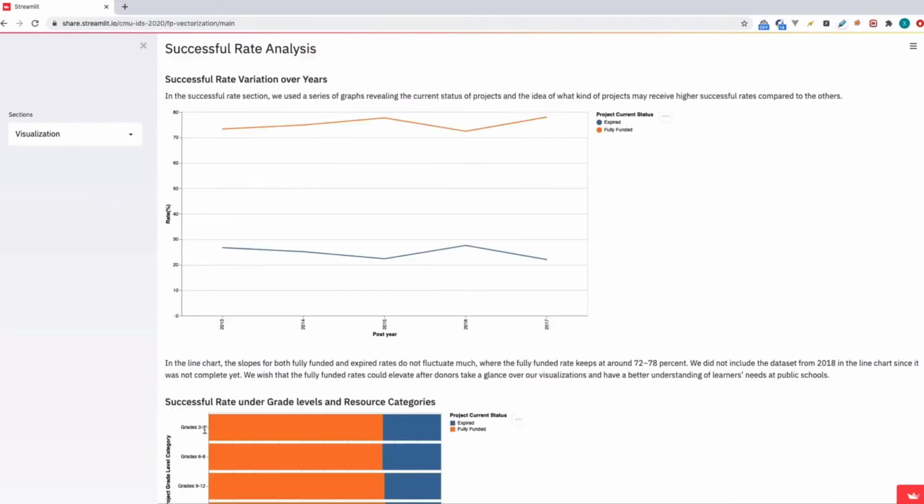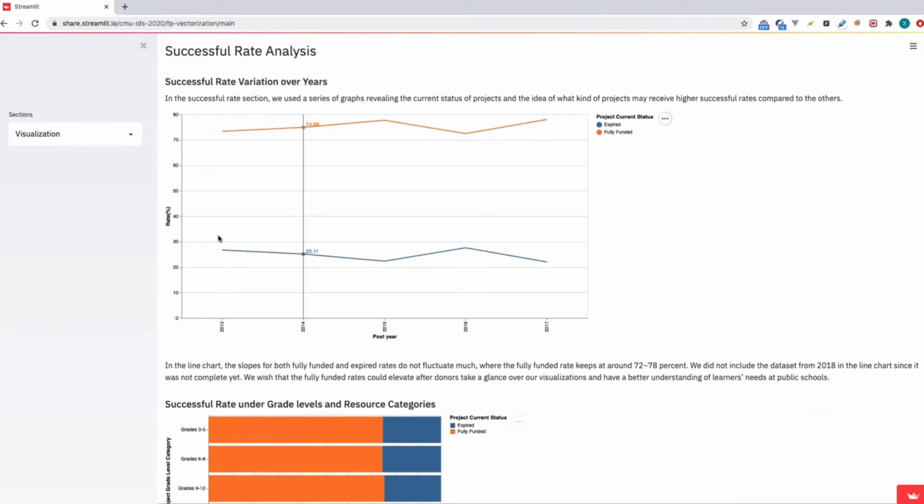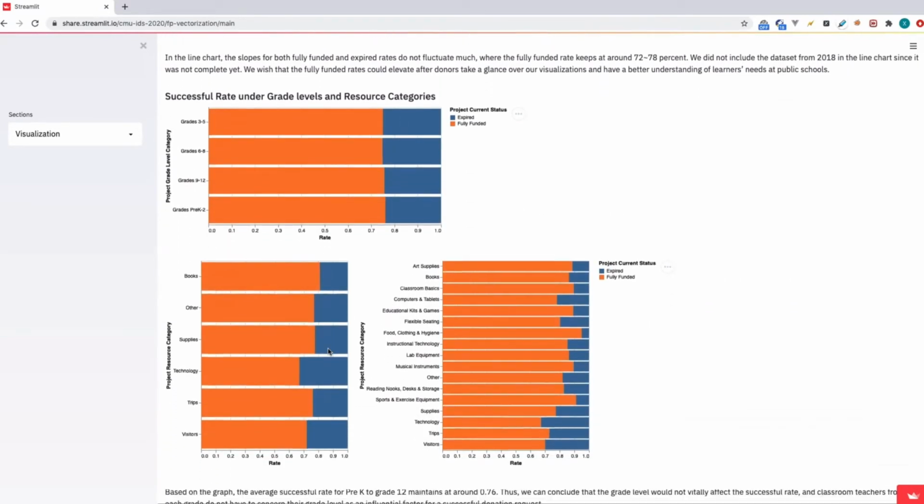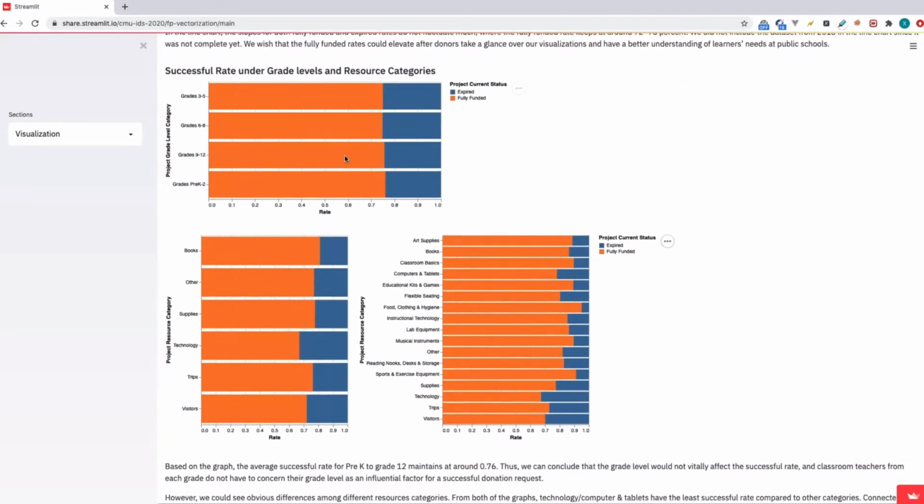And in the second half of the visualization, we mainly focus on the analysis of successful rates. We first have a line chart showing the successful rate over the years, and we could see the rate is staying at a relatively stable level, which is around 76%. The following charts show the relation between the successful rate and grade level or the resource categories.